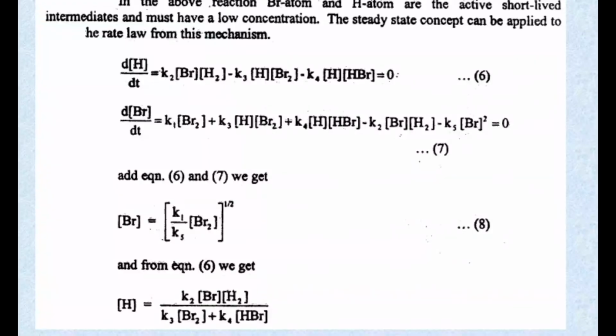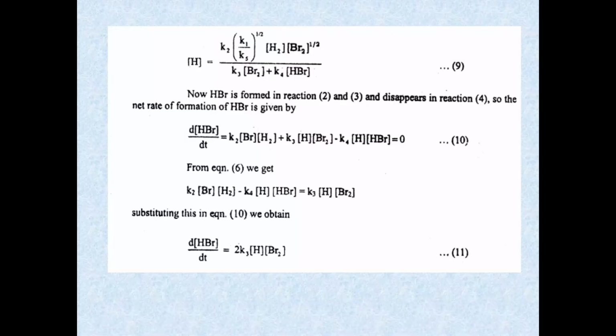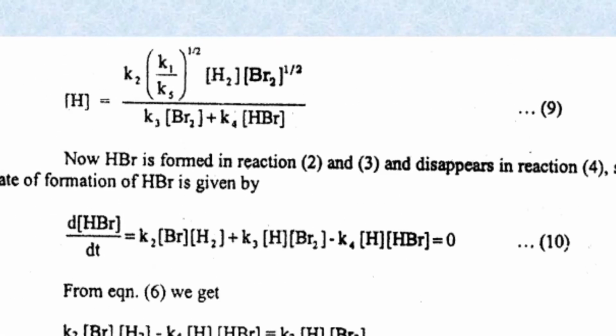In this last equation, the Br radical concentration can be substituted with equation 8, and we will get [H] = k2 (k1/k5)^(1/2) [H2][Br2]^(1/2) / (k3[Br2] + k4[HBr]).